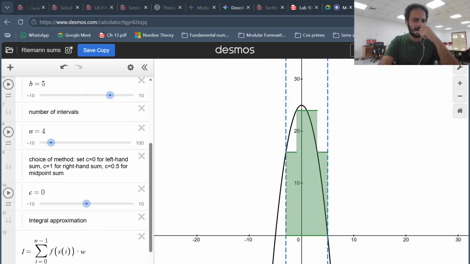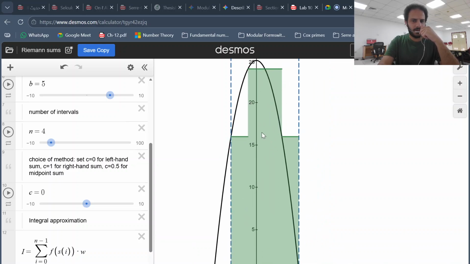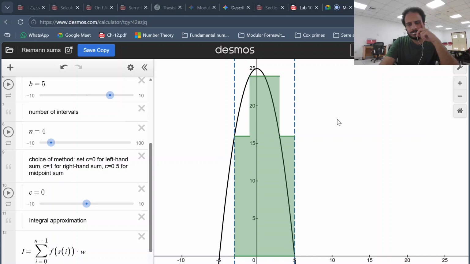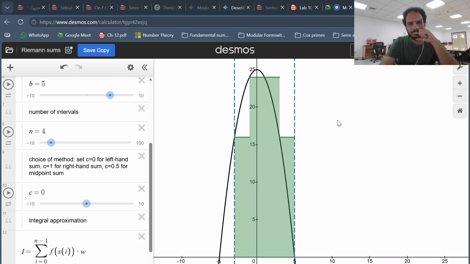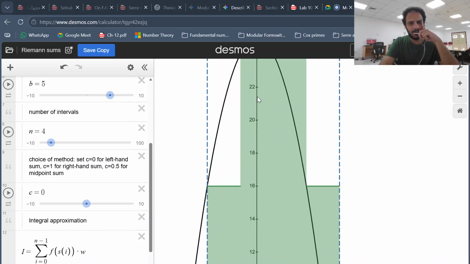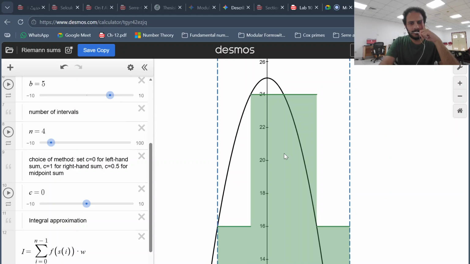You get 160. Do you see 4 rectangles? There's three of them, right? It seems 3, but they are 4. Do you know why they are 4? Because one is in the middle over there, but they didn't mark it.